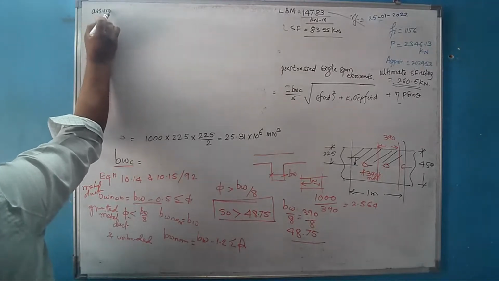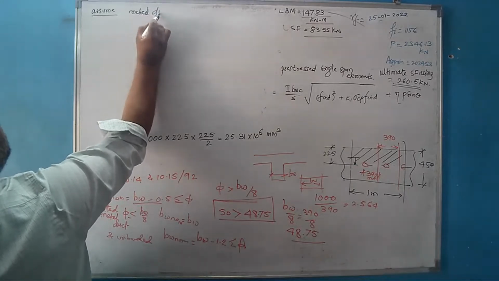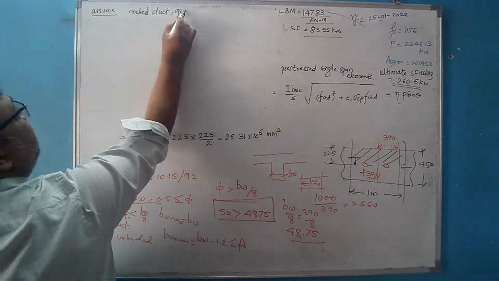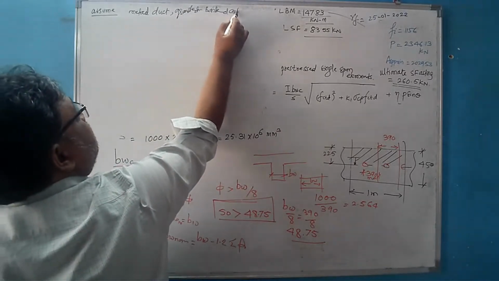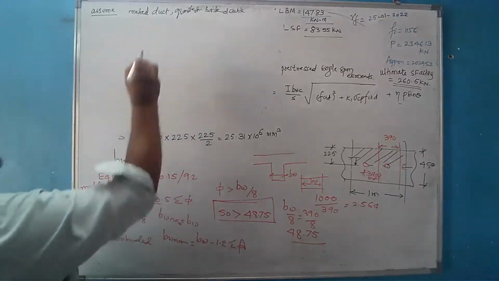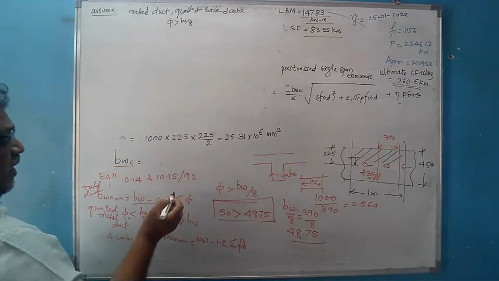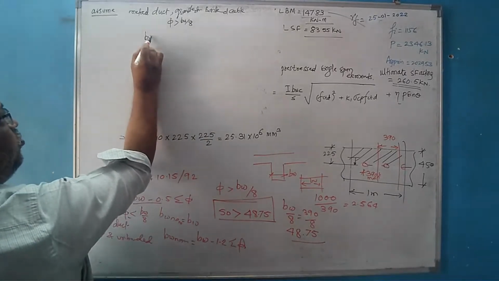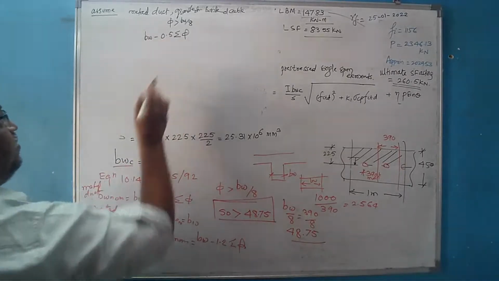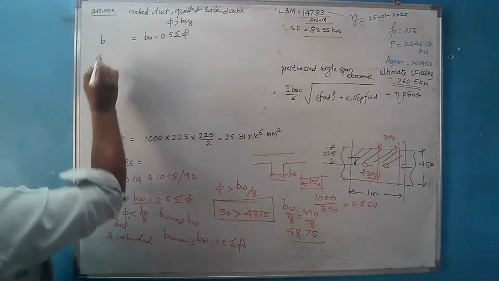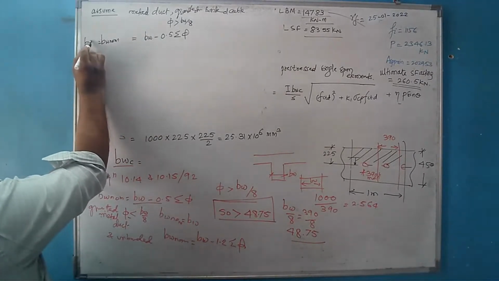Assume metal duct, ग्राउटेड बॉन्डेड केबल, अगर ये कंडीशन रहेगा और जब फाई ग्रेटर देन BW/8 रहेगा, देन द इक्वेशन इज BW minus 0.5 summation of phi. This is the equation for BW nominal. That is nothing but BWC.